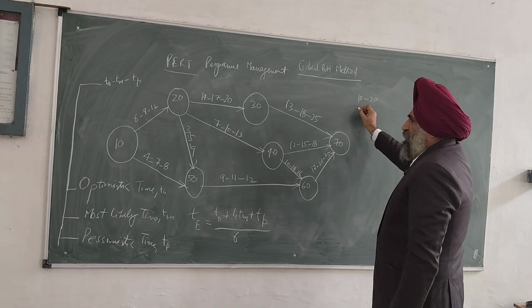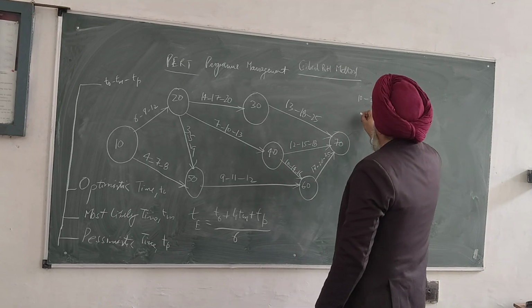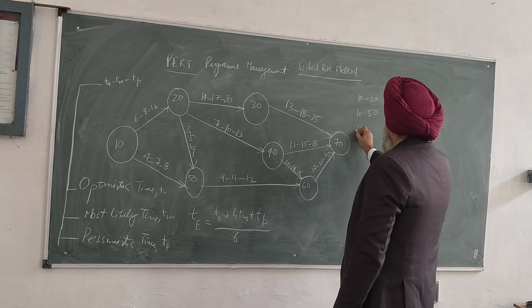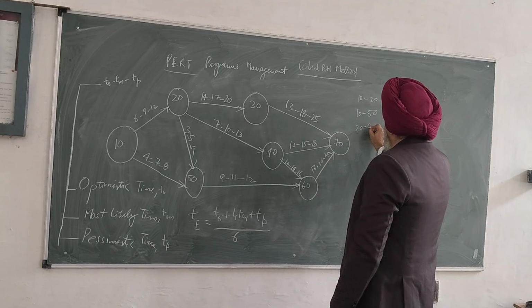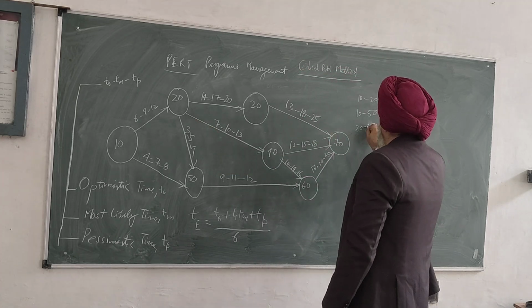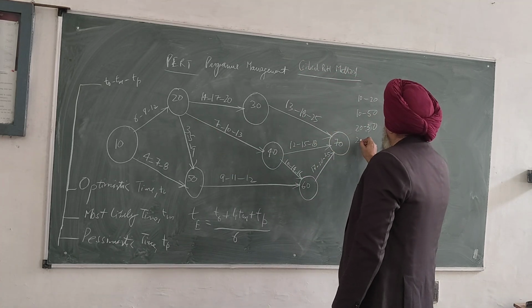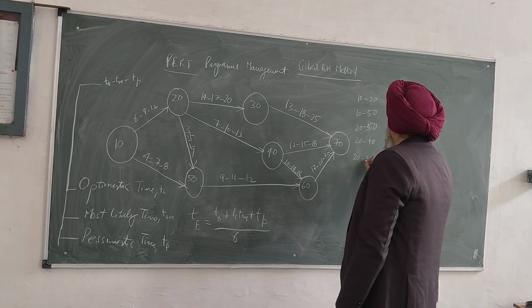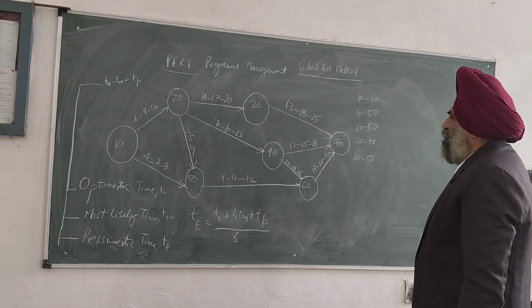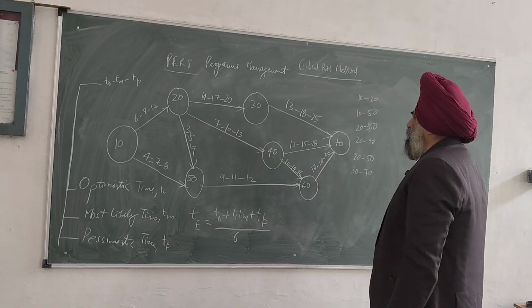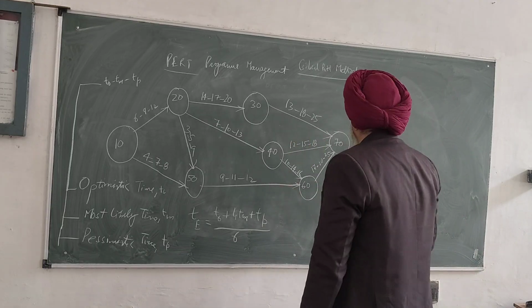Then 10 to 30, 10 to 50. This is one activity. Then 20 to 30 is another. Then 20 to 40, it is given. Then 20 to 50, it is given. Clear? Then from 30 to 70, we'll calculate this one activity.